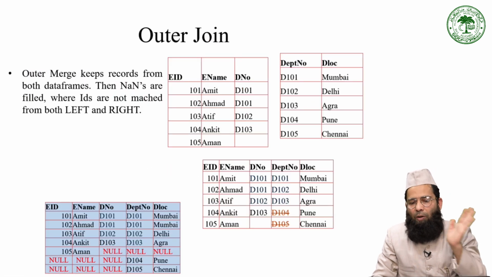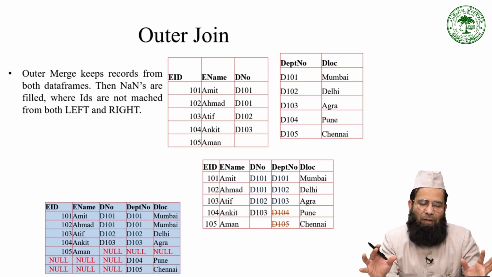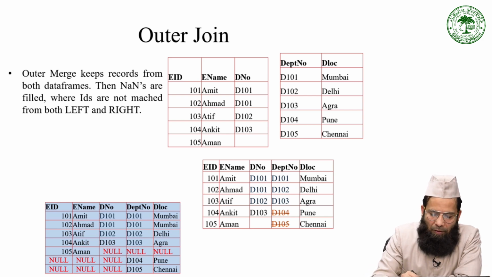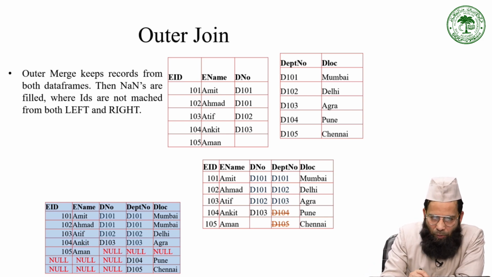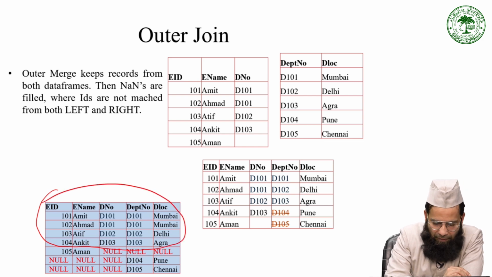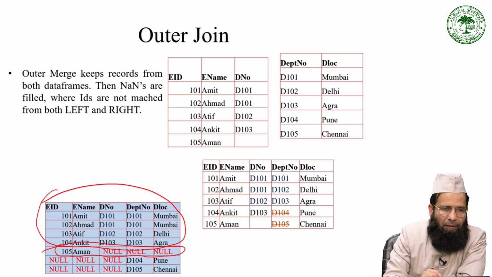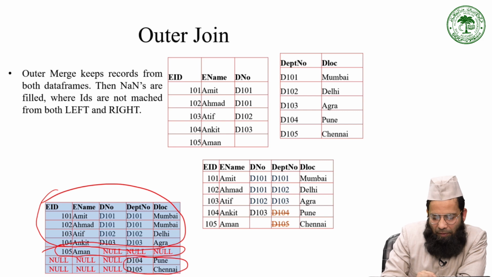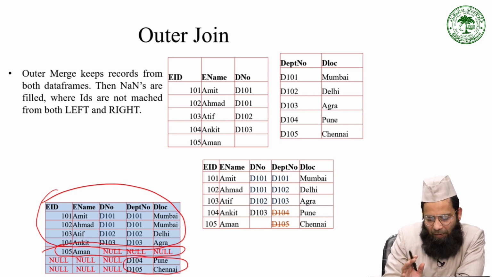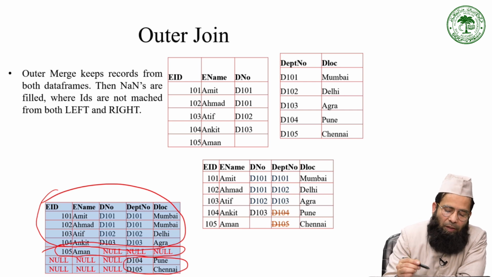Now come to the outer join. Outer join is where you can combine left outer join and right outer join. You have to include all the matching rows first. So all the matching rows are here, right? And this is your left outer join, the part specific to the left, and then these two are specific to the right outer join.